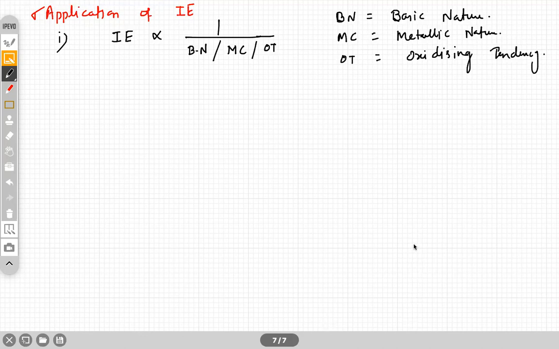Oxidizing tendency. Yes, you can say that, Anurag. When an atom is releasing an electron, we say it is going under oxidation.